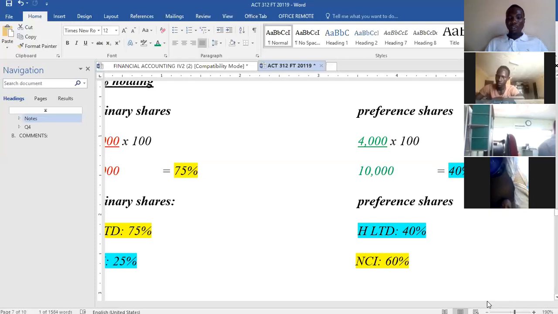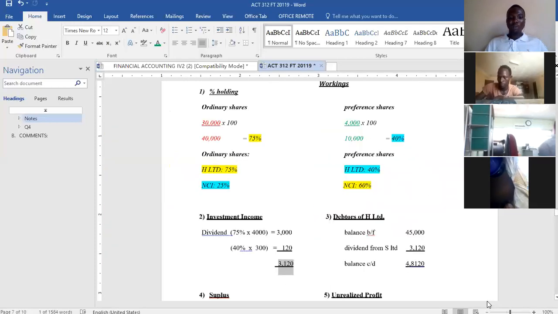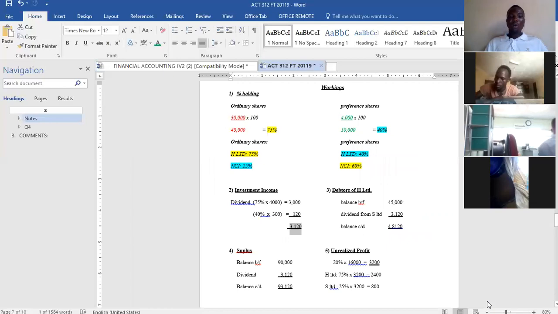Let me minimize it so that you can have access to them. The next thing to do is to solve the question. So I'll give you the next 2 minutes. We'll come back again, then we'll look at the preparation of the balance sheet.